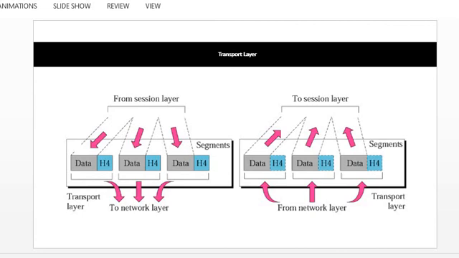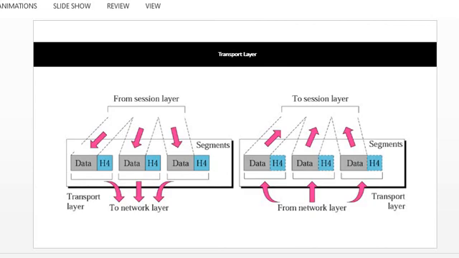Let's look at the transport layer. This is responsible for the delivery of the entire message. It ensures that the fully segmented or packaged message gets to the location where it is supposed to be, or to the relevant network host where the message is supposed to be delivered.